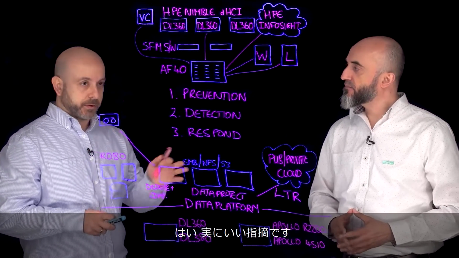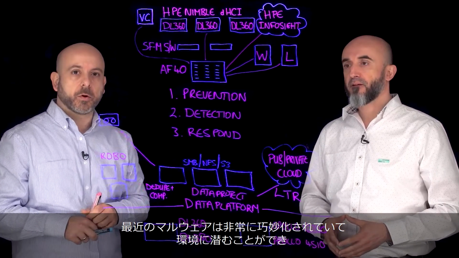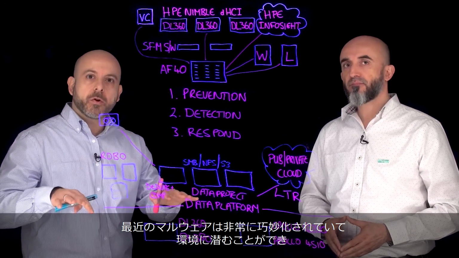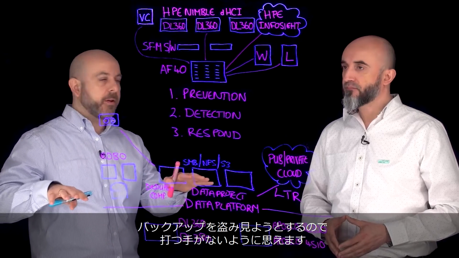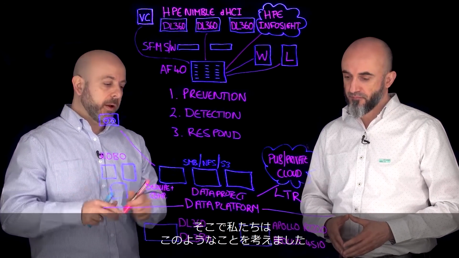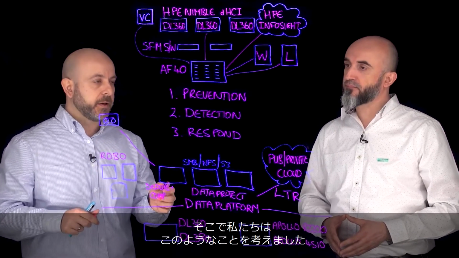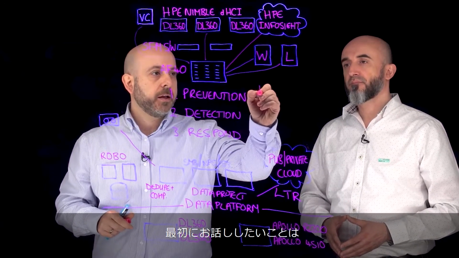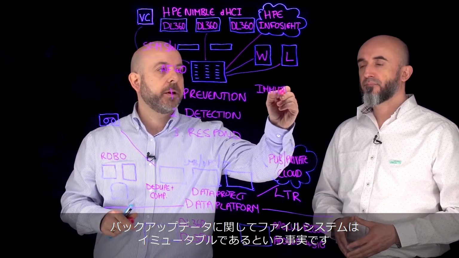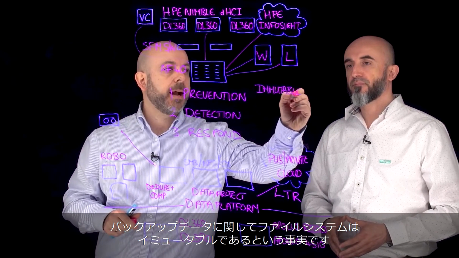Absolutely. So you raise a very good point. Malware is becoming a lot more sophisticated these days. It can lay dormant in your environment. It tries to sniff out the backups to make sure that you have no way out of it. So obviously we've thought about these kinds of things. The first thing to talk about is the fact that our file system is immutable when it comes to the backup data.